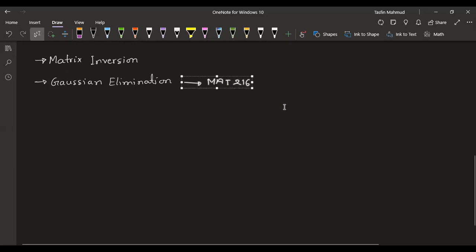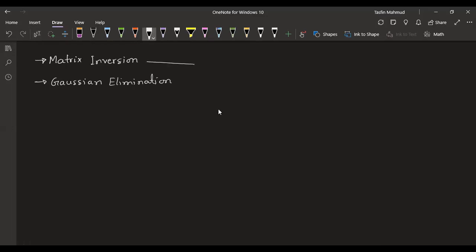Okay, so first things first, we will discuss matrix inversion. Matrix inversion is convenient using software, like MATLAB.